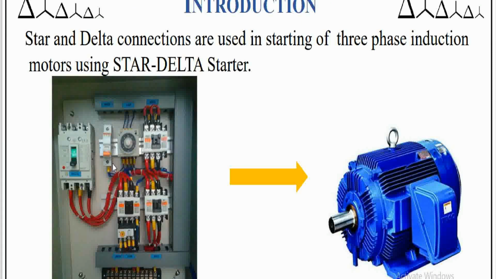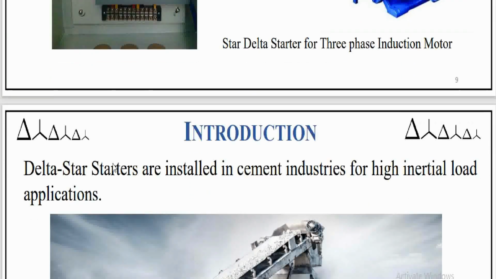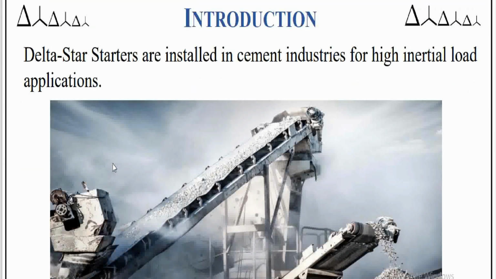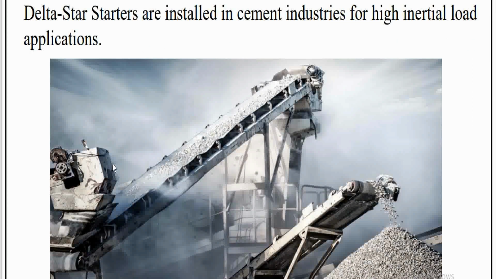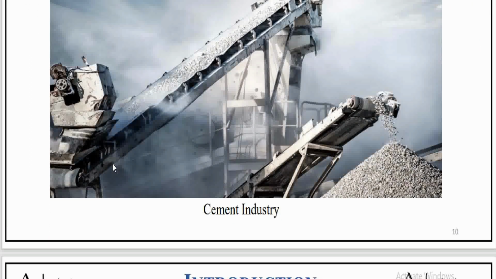You will find this star delta starter near your agriculture bore pump. Delta star starters are installed in cement industries for high inertial load applications, because cement industries need high inertia.